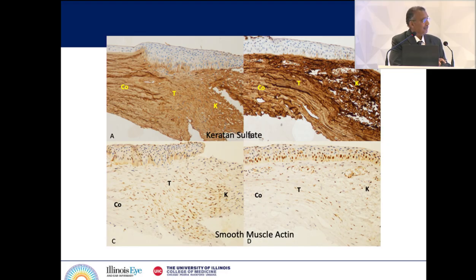Point number two, and you can see this across the spectrum of hyperplastic scars, is that myofibroblasts express the protein smooth muscle actin. Here the brown stuff is smooth muscle actin. This is the normal cornea. And this is when the scar is loose. They express these molecules inside the scar.